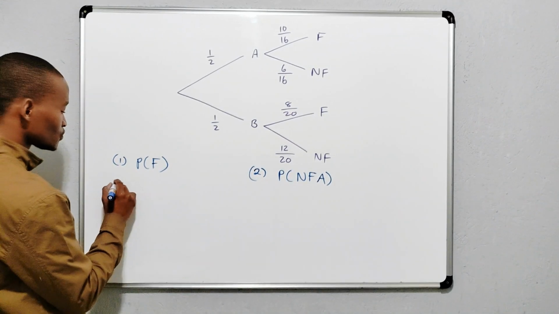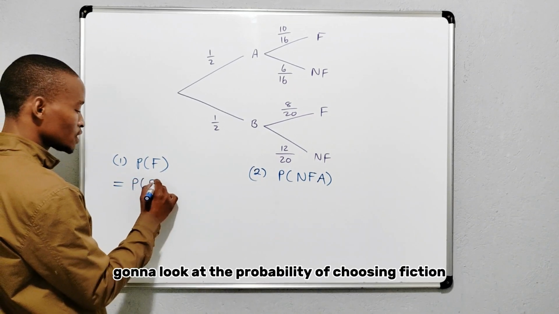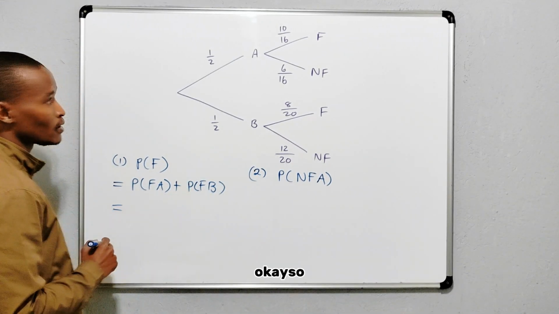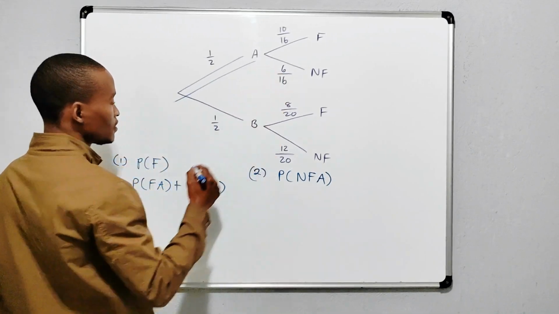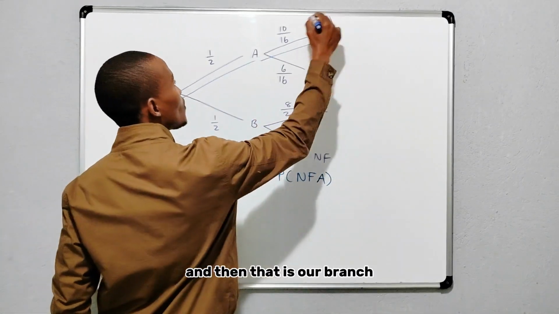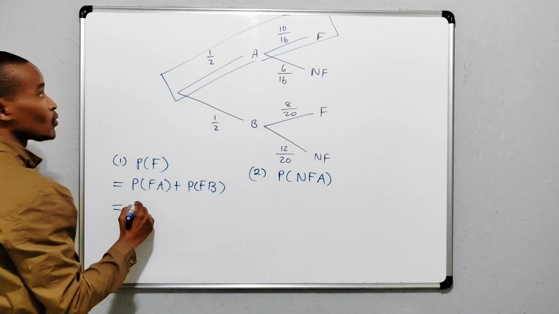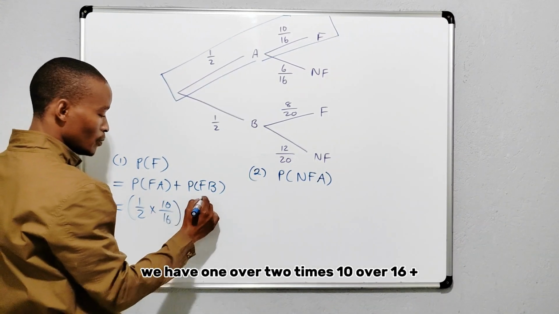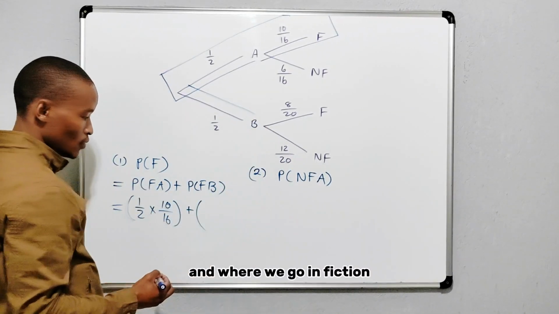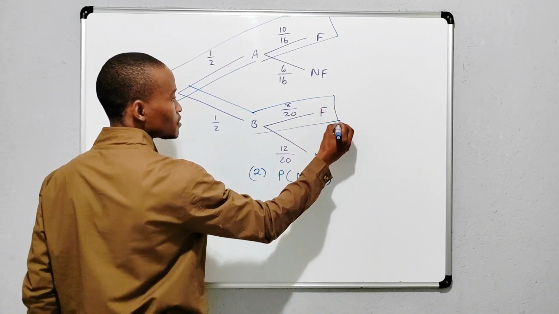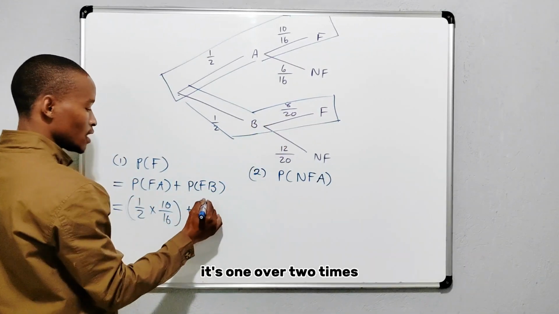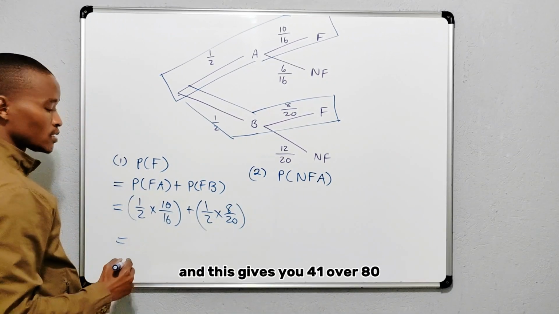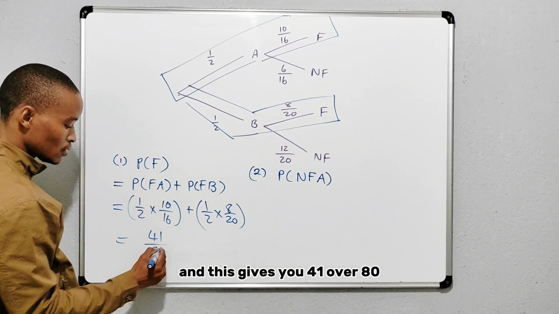Obviously there's a 50% chance for either shelf A or shelf B. And then depending on the number of books that are fiction and non-fiction, you prepare your fractions or probabilities for each shelf. I believe this is clear to you in terms of how the tree diagram for this scenario looks. So we're going to look at the probability of choosing fiction from shelf A plus the probability of choosing fiction from shelf B. So we have 1 over 2 times 10 over 16 plus, for shelf B, 1 over 2 times 8 over 20, and this gives you 41 over 80.